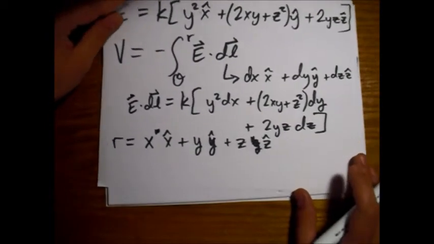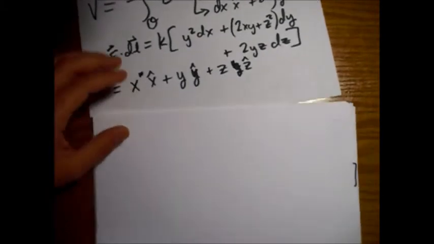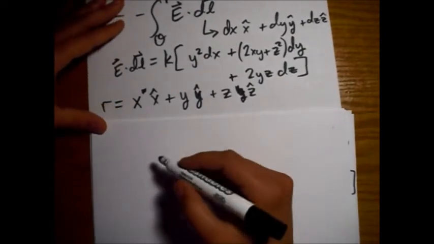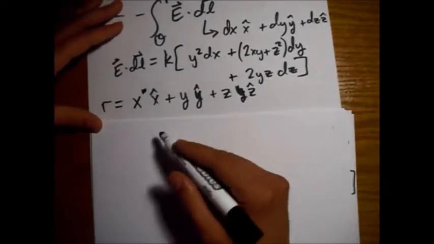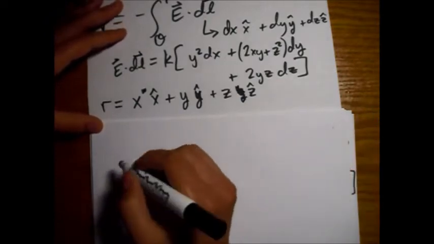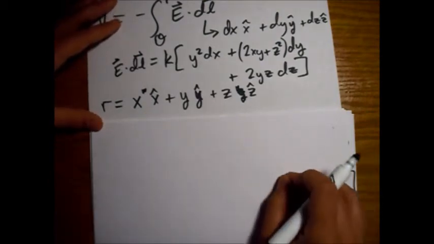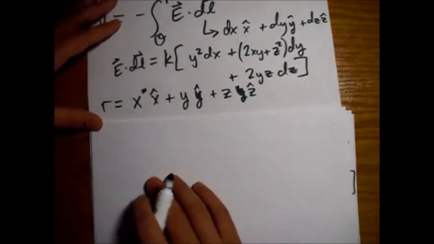Now we're going to take a path, and why not just go in order? We'll start along the path of x, where y and z equal 0.